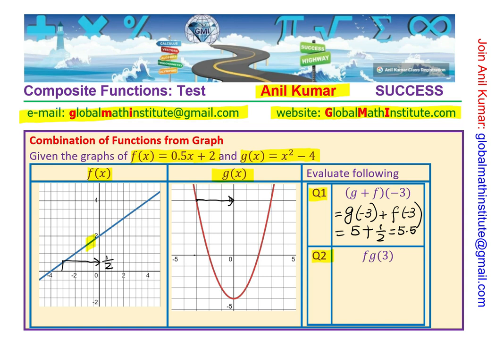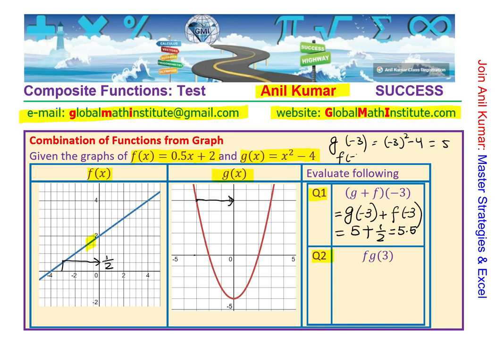Perfect? Great. Now let's look into the second part where we are going to multiply the two functions, right? So I'm leaving the space for you to try out using equations, right? So find what is g of minus 3, which means substitute the value, which will be minus 3 squared minus 4. 9 minus 4 is 5, correct?